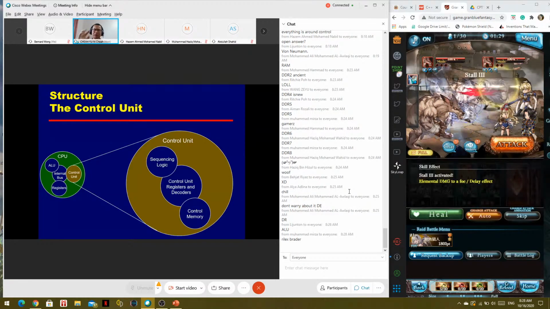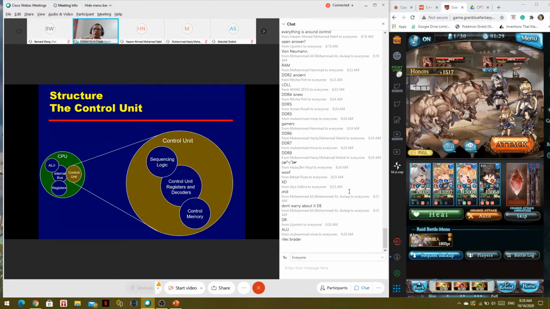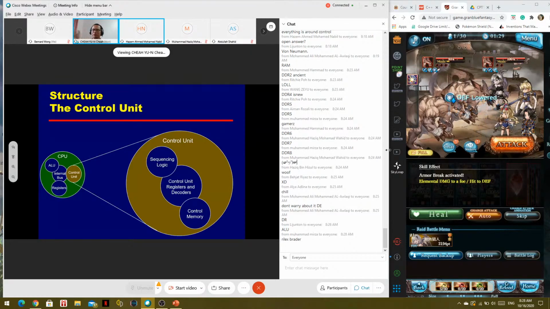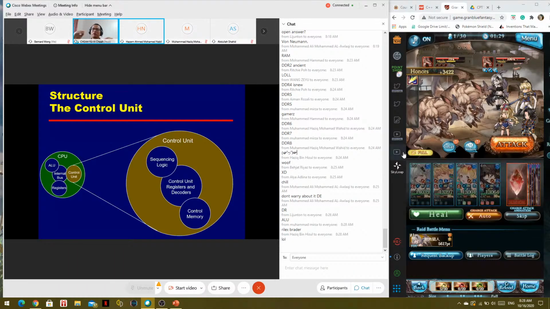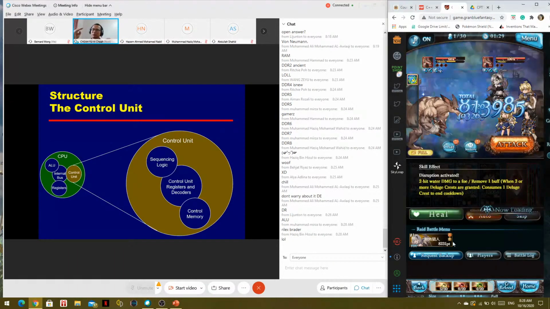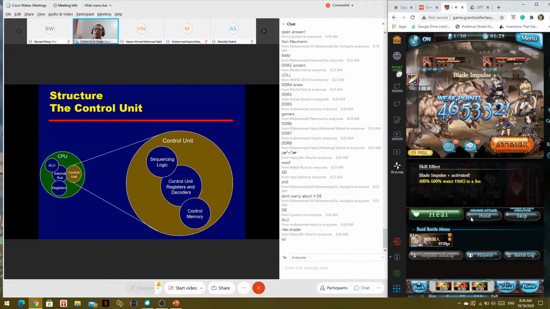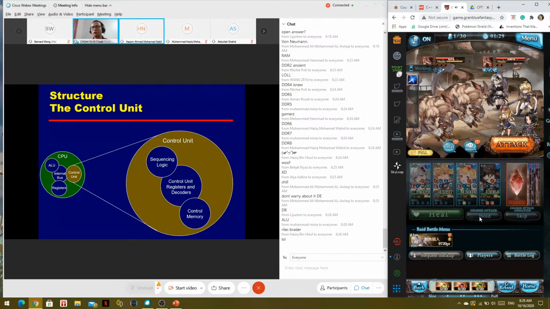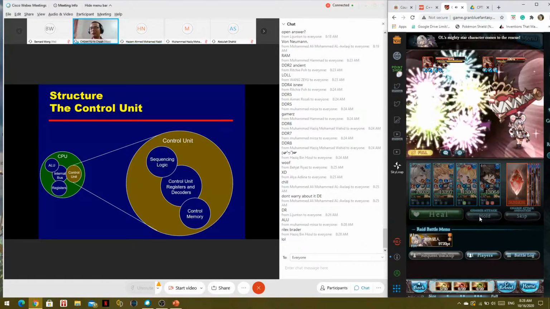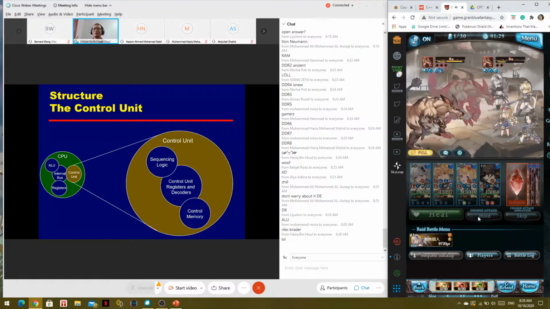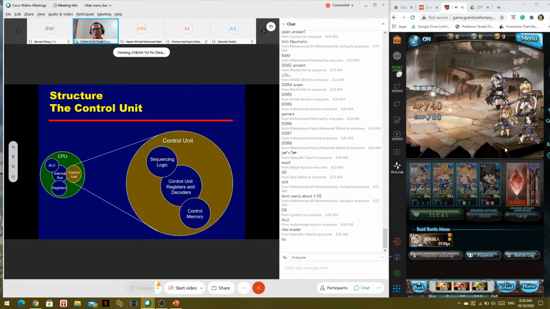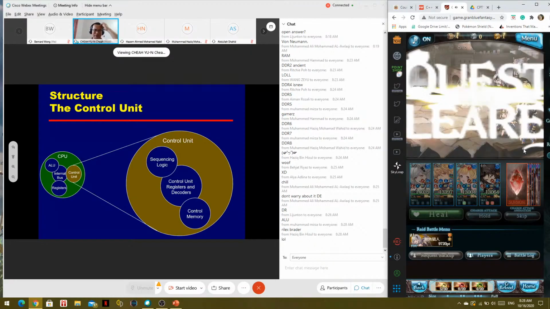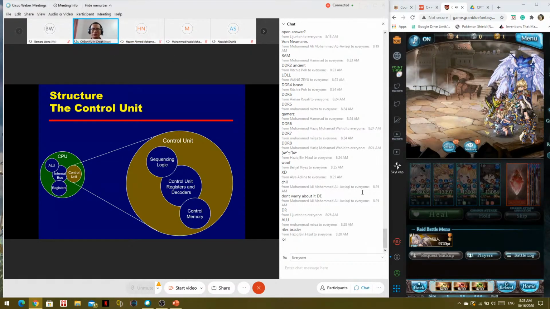Because there are various ways to implement the control unit. And one of the ways is a software version of a control unit. And therefore, for a software version to be successful, you need some kind of memory. Okay. The other way of implementing the control unit is the hardwired control unit, which I think I won't talk about now. We will discuss that later in the other topics. Okay. Thanks for your question.